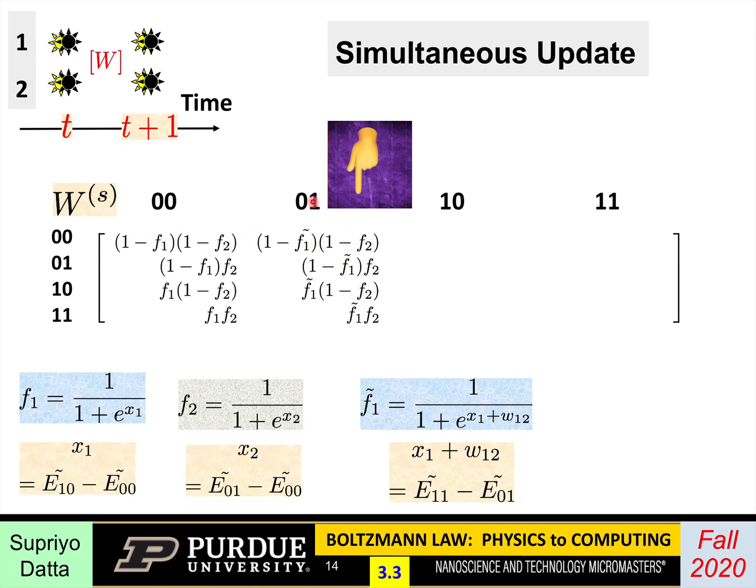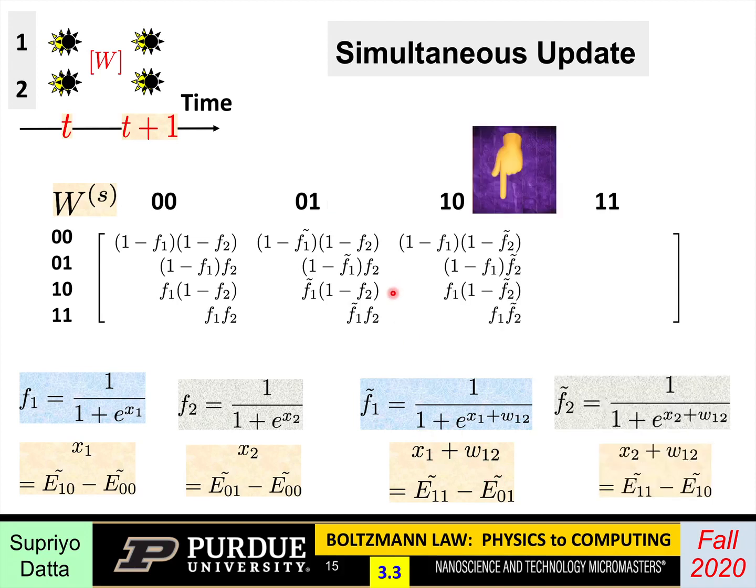And F1 tilde, because you see your initial state already has 1 in the second neuron, and because it is 1, the first one kind of feels this interaction energy. So the x is a little bigger actually. Similarly, if you want to fill up 1, 0, then what you find is again the same structure. As far as 1 is concerned, there is no tilde, but the 2 now has a tilde.